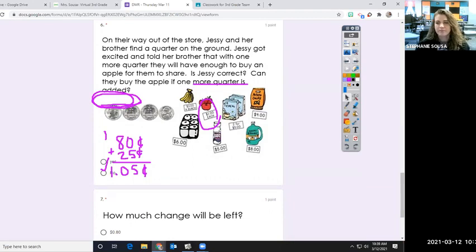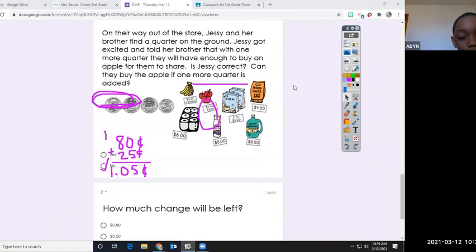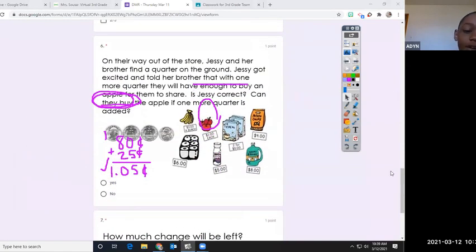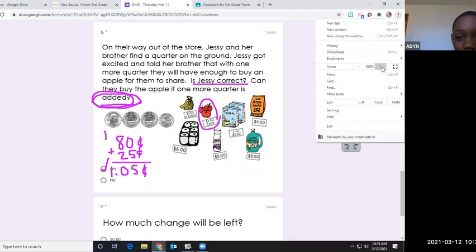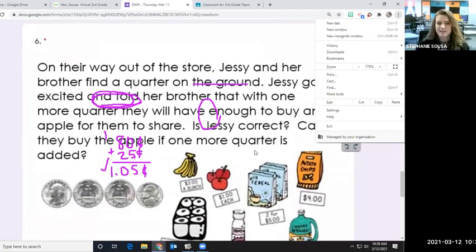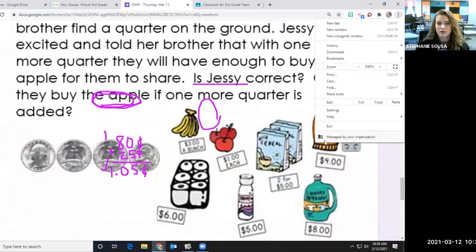Yes, Aiden G. So that same question that Levin asked. It says $2, but the apples cost $2, and the coins equal $1.05. The apple does not cost $2. Right here, zoom in. The apple costs $1 each.